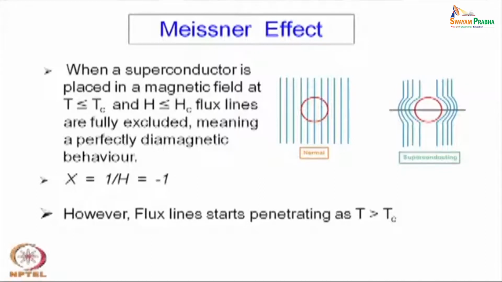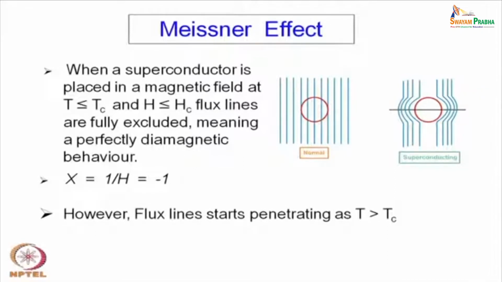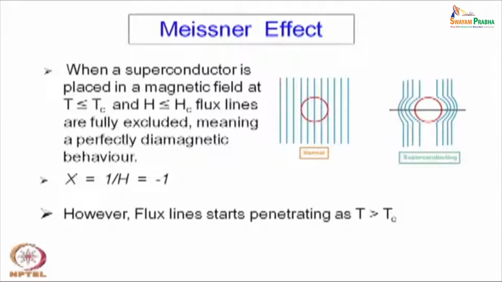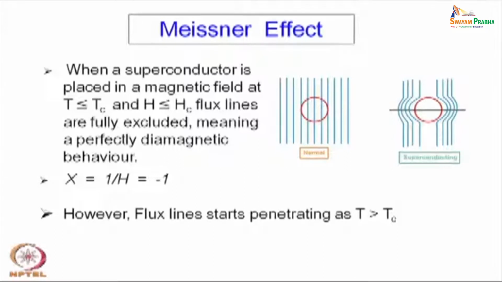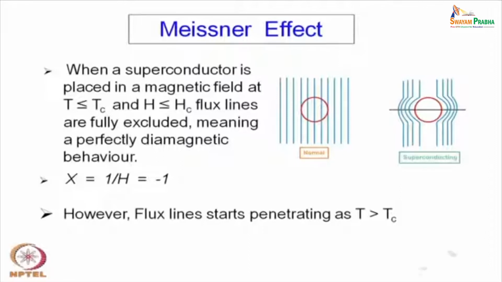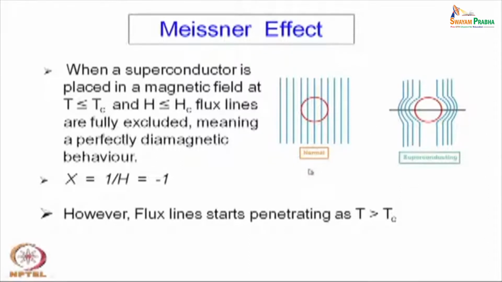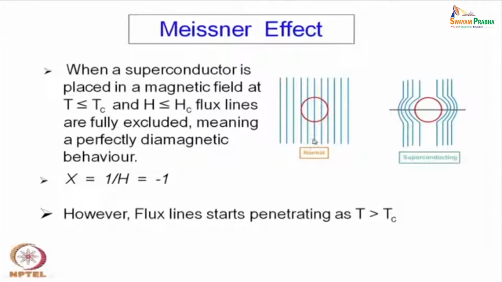Well, there is another very important property of a superconductor that is known as the Meissner effect. When a superconductor is placed in a magnetic field at T less than or equal to Tc and H less than or equal to Hc, the magnetic flux lines, or the lines of force, are fully excluded from the superconducting material. That means, if it is a normal material, let us say paramagnetic in particular, the lines of force actually cross through the material.